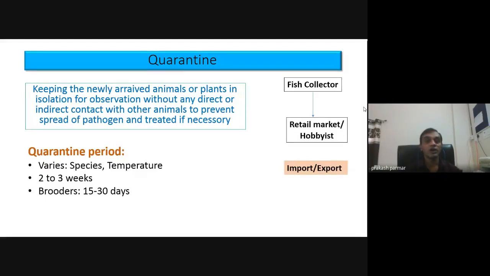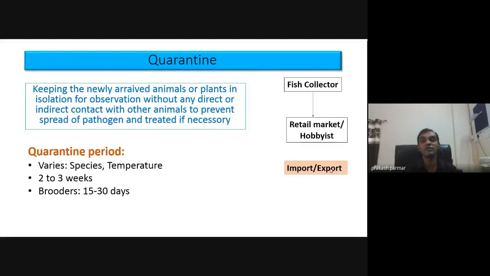So what is quarantine? Quarantine is keeping newly arrived animals or plants in isolation or observation without any direct or indirect contact with other animals, to prevent the spread of pathogens and to treat if necessary. So we keep newly arrived animals and plants in a separate system, known as a quarantine facility.